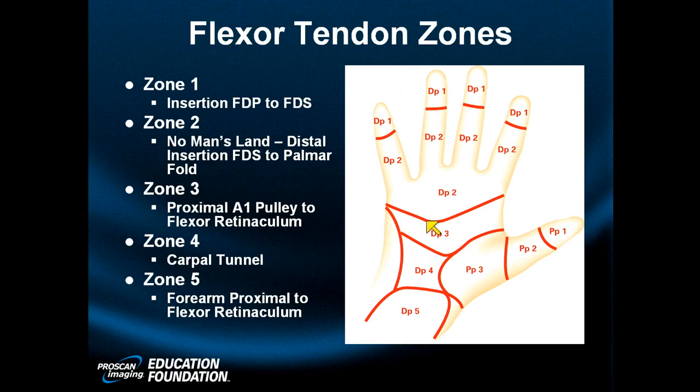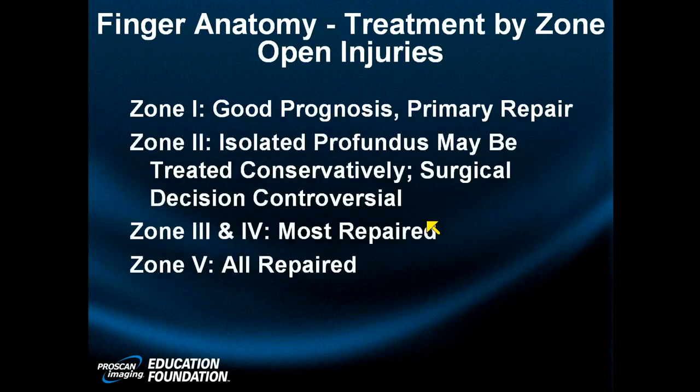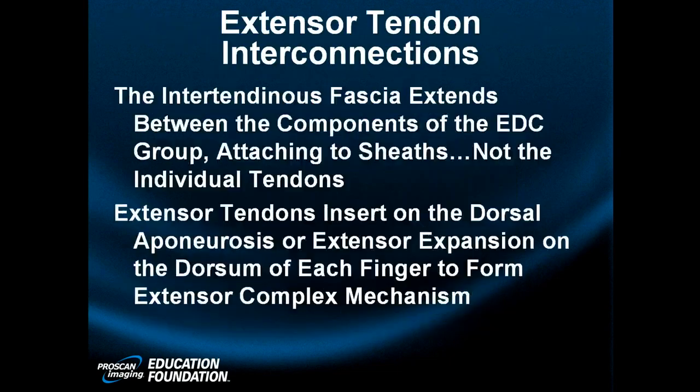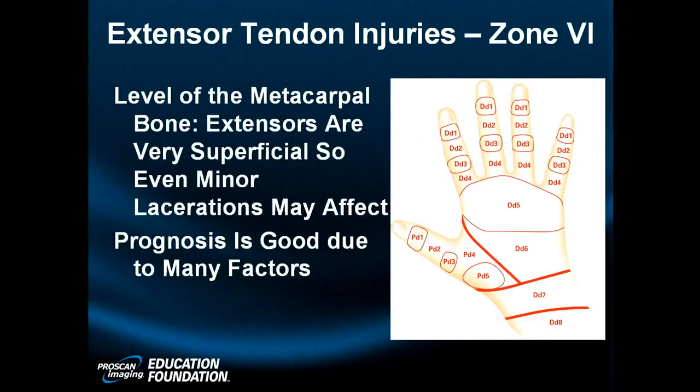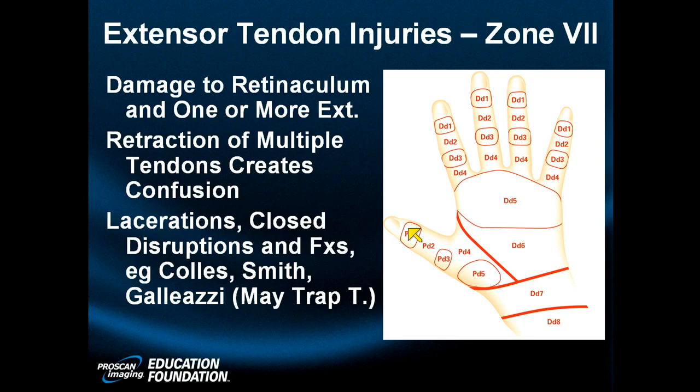So you have flexor zones, and you're going to have extensor zones. These are all on MRI Online with an explanation of the meaning of each. For instance, some extensor retractile injuries are prone to osteomyelitis and infectious septic arthritis.